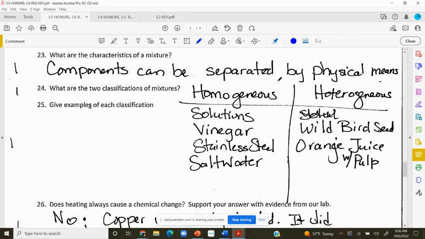So there's lots of things that we can use physical means to change that mixture or separate it. The 2 classifications of mixtures are homogeneous and heterogeneous, and I've given you a listing of some examples with those. Remember, solutions is a synonym for homogeneous.